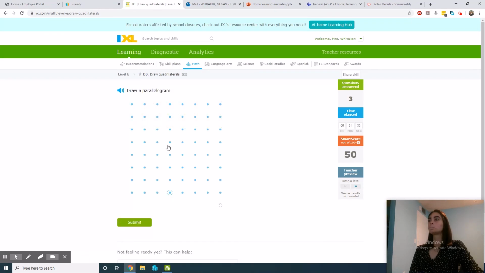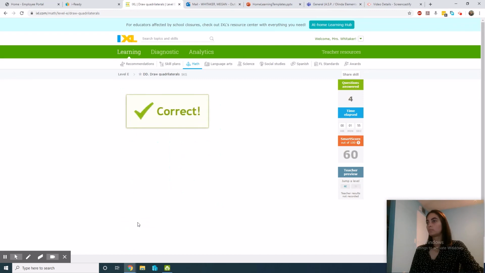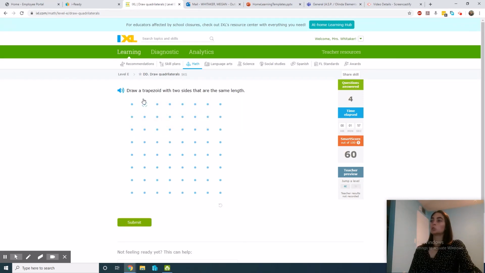Yep. Draw a parallelogram. Okay, so remember, a parallelogram is a shape that has the same top and bottom, same side to side. So a parallelogram. Yep. A trapezoid with two sides that are the same length.